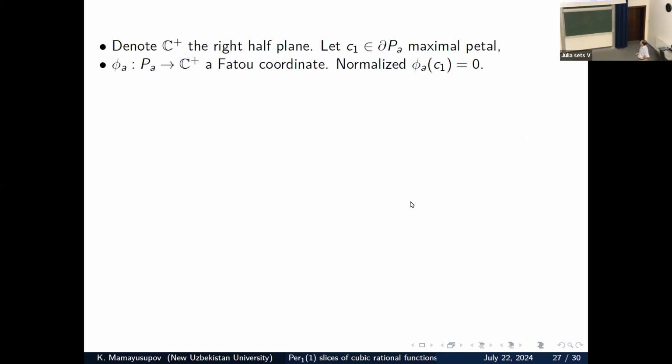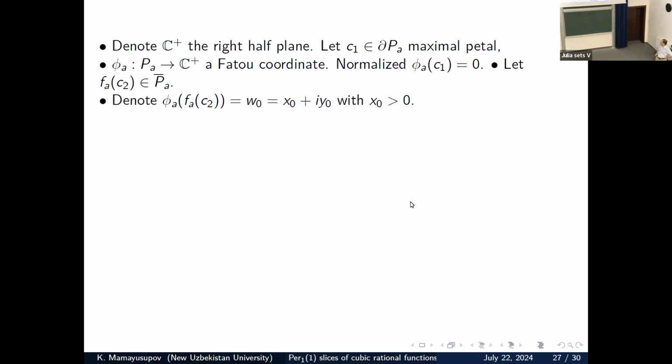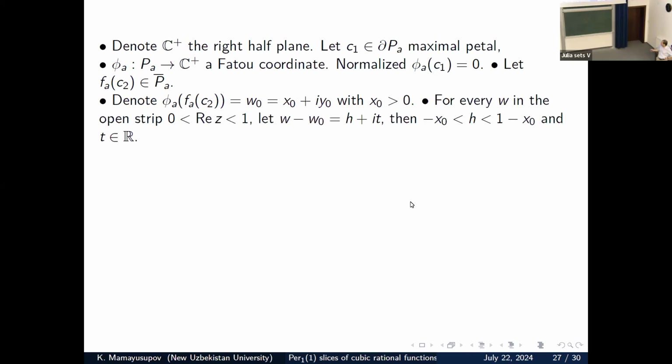Okay, so you have the maximal petal with one critical point, and you have the Fatou coordinate. Of course, you normalize it, and you have another critical point, which is on the boundary or on the inside when you iterate. Now you take on the Fatou coordinate some image.